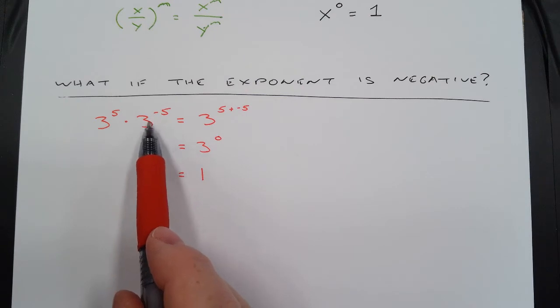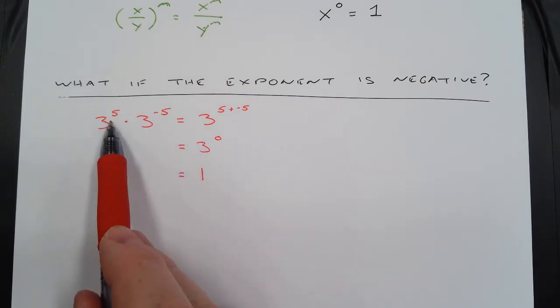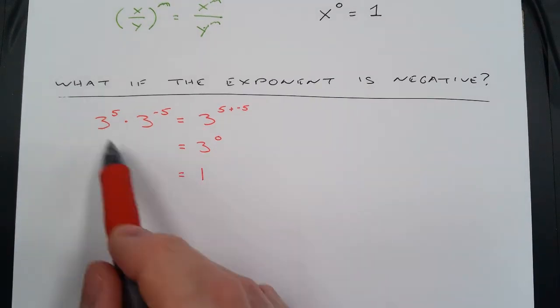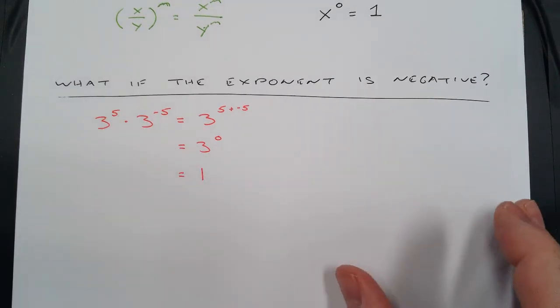Somehow 3 to the negative 5th turned this into 1. Well, you should remember, perhaps you've heard something before in a previous year, something called a reciprocal, especially when you were multiplying and dividing fractions. How does 3 to the fifth turn into 1?